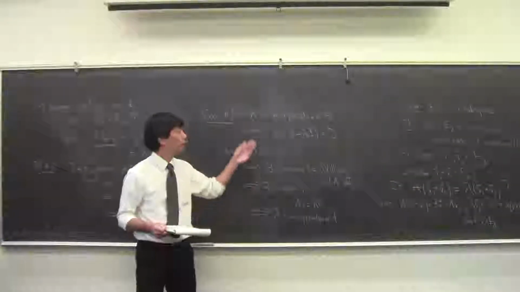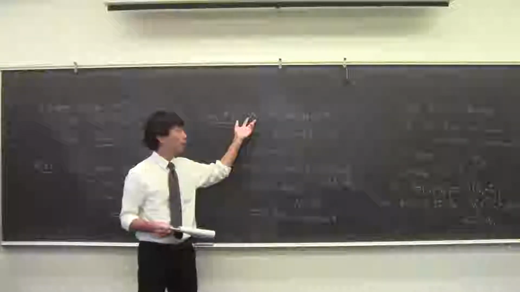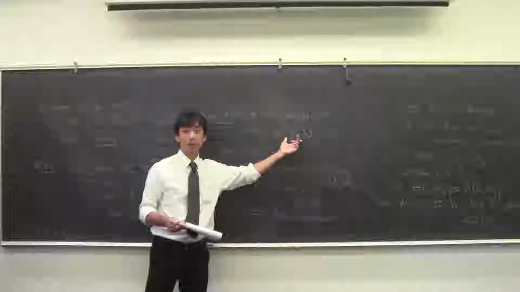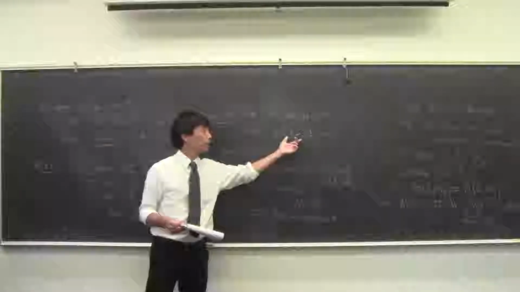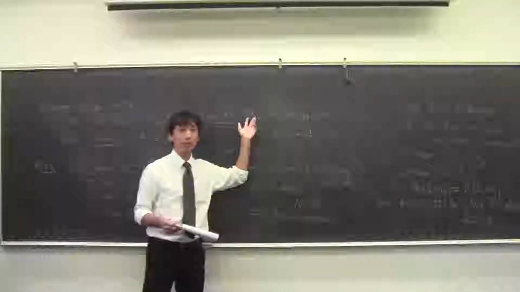So you start off with an arbitrary number, and you check this. If you get 0, then you know that that number was an eigenvalue.